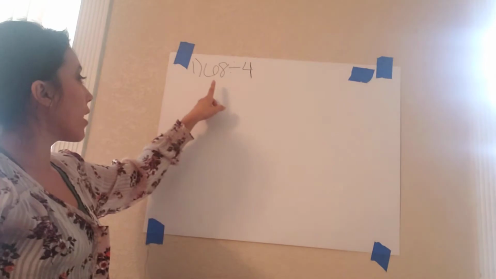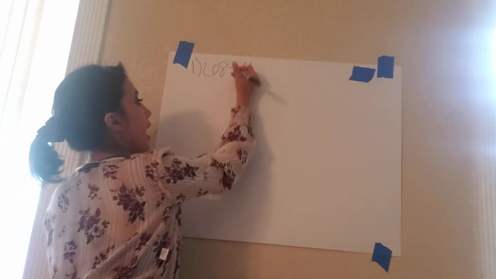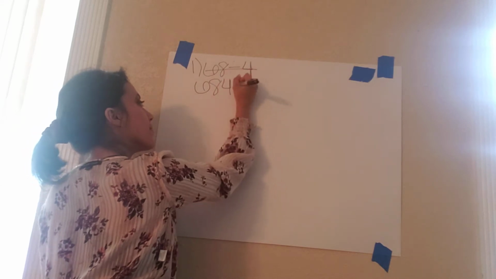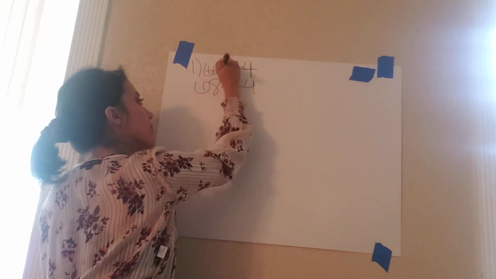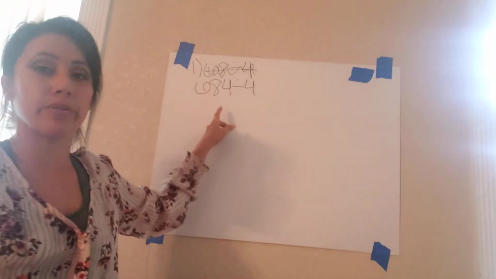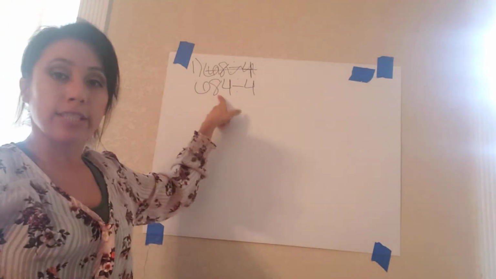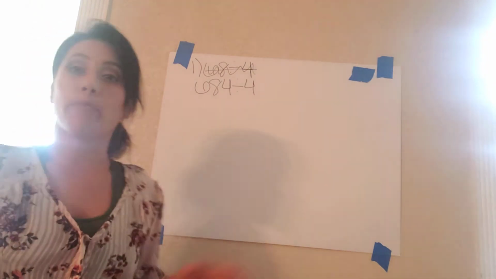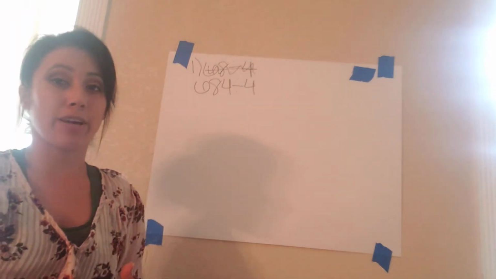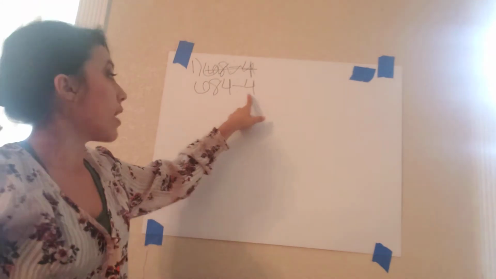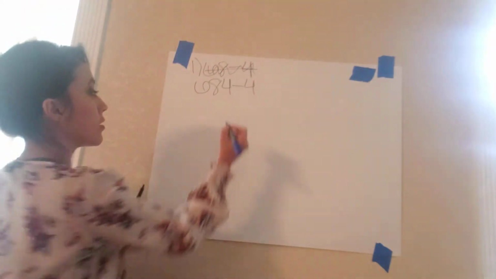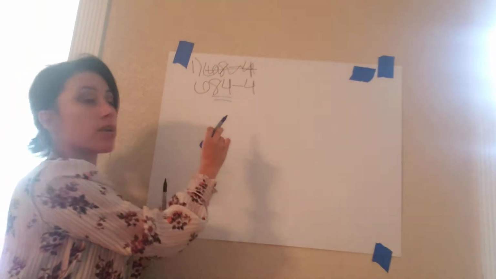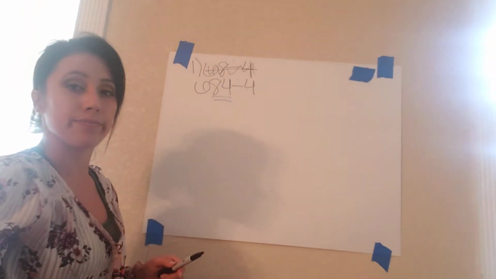So what we're trying to do is see if 684 is divisible by 4. Remember, when you're trying to find the divisibility of a number using 4, you have to take the last two digits of 684 and divide that by 4.